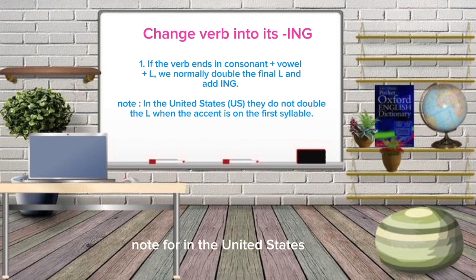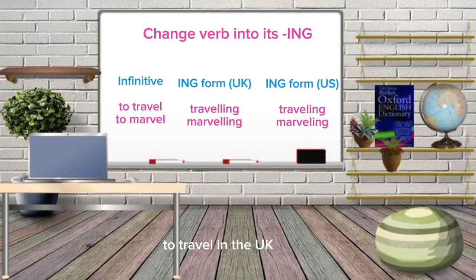Note, in the United States, they do not double the L when the accent is on the first syllable. For example, infinitive to travel, in the UK it is travelling, in the US it is traveling. Infinitive to marvel, in the UK marvelling, in the US marveling, and so on.